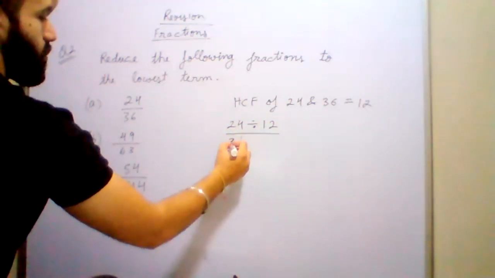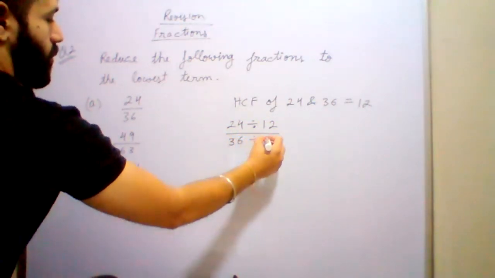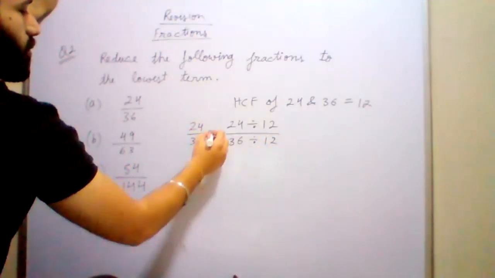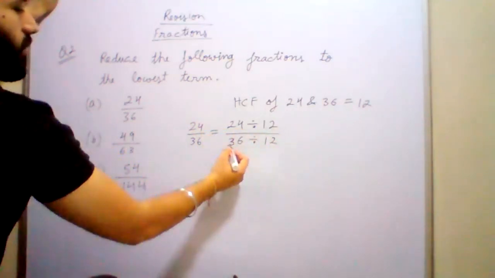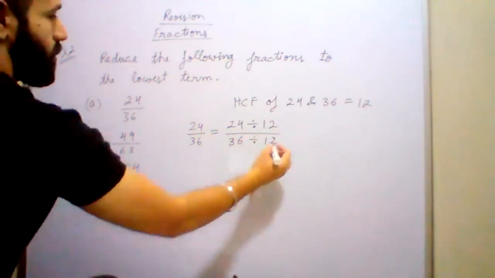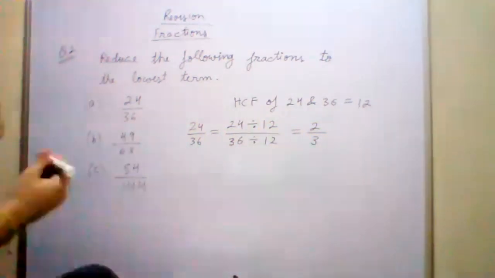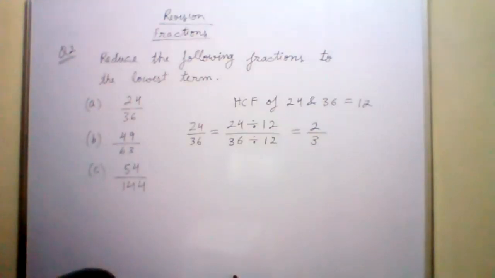Numerator and denominator by the same number 12 because 12 is the HCF. 24 upon 36 is equal to 24 divided by 12 upon 36 divided by 12. So you get 2 in the numerator and 3 in the denominator. This is the answer. Got it? Okay, sir. Can you do this now, everyone? Yes, sir. Okay, start doing.